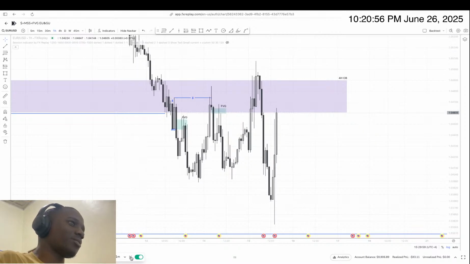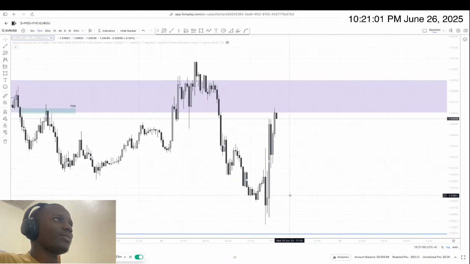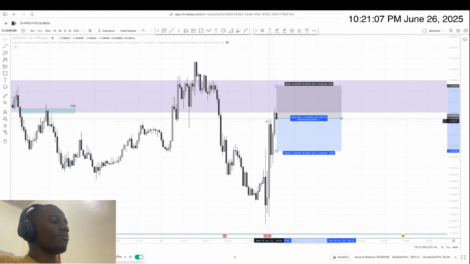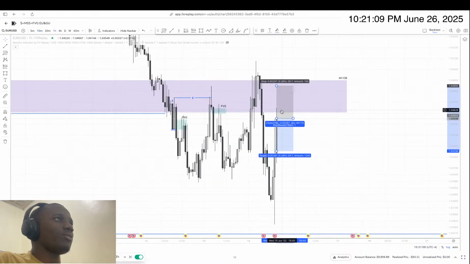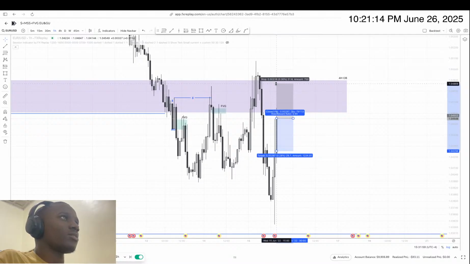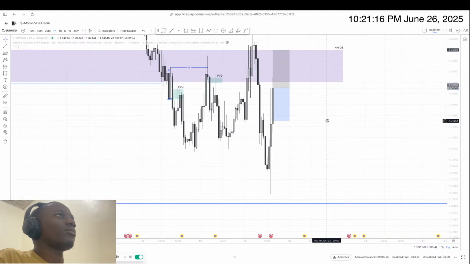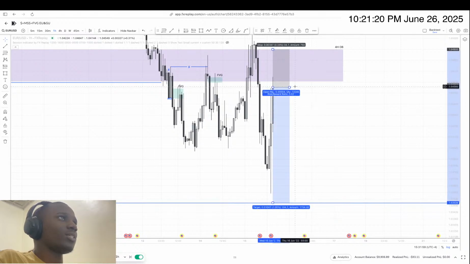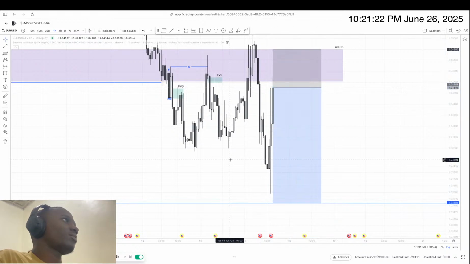That will be my sign to enter, and we can see that we're absolutely rejecting on the 15 minutes. So why not take this opportunity and trade the whole fall, even though it will be in the PM session. This will be PM session, and obviously stop loss will be slightly above the breaker, and our target will be just that low resting there.